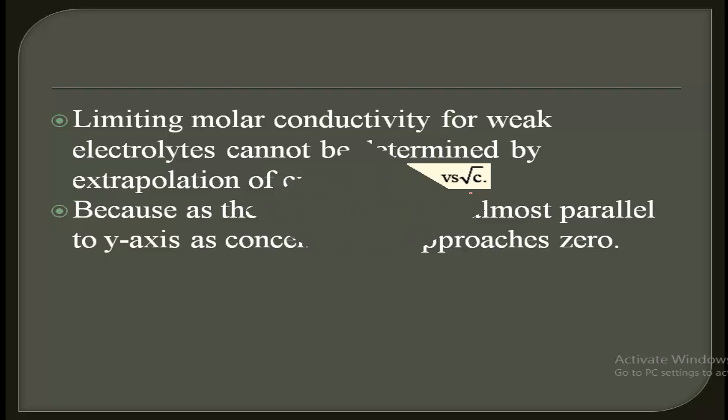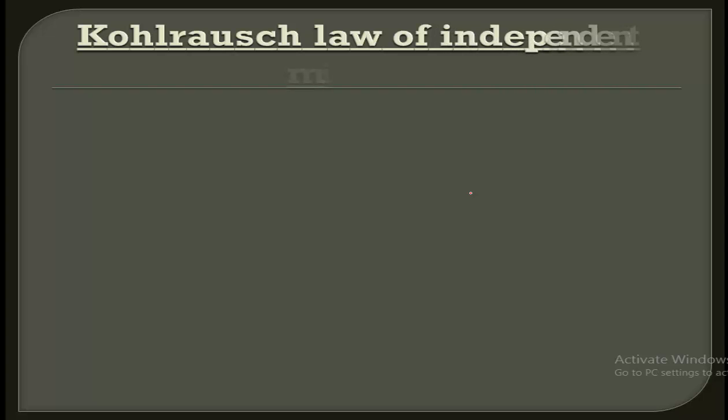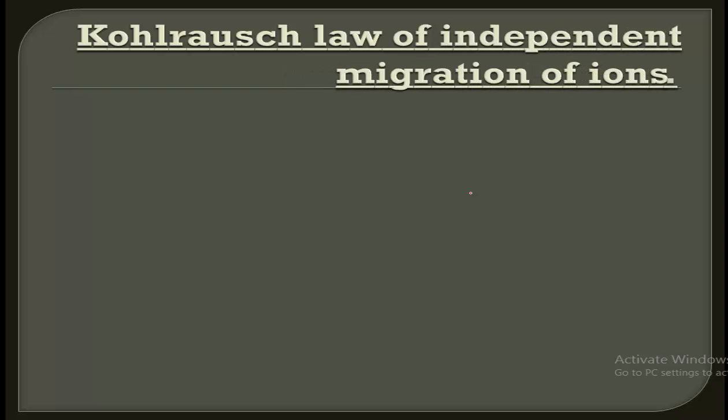That can be determined by using one of the important laws, that is Kohlrausch's law of independent migration of ions. Using Kohlrausch's law, the limiting molar conductivity of weak electrolytes can be found out. So how?